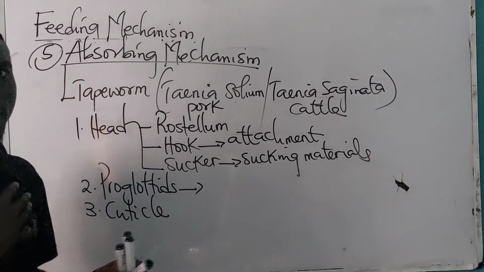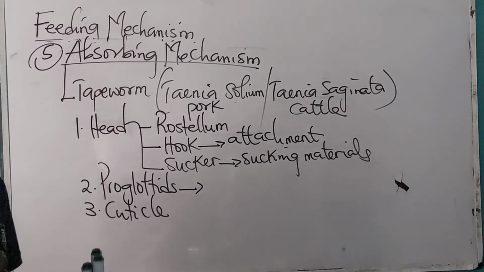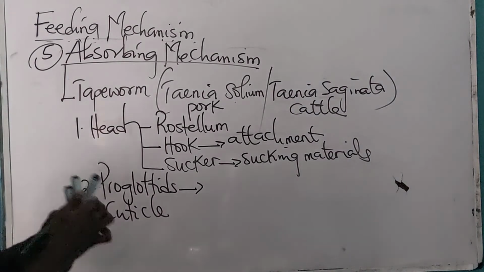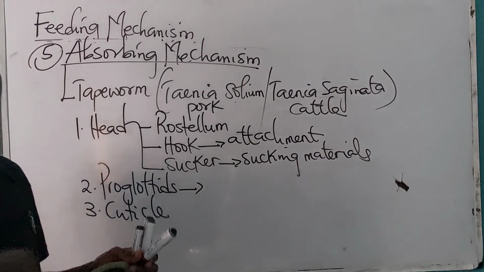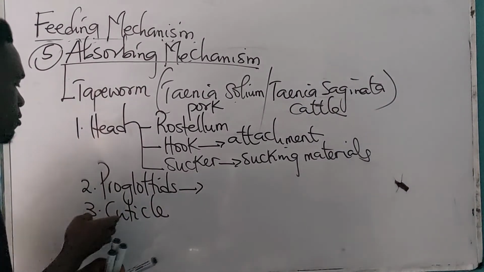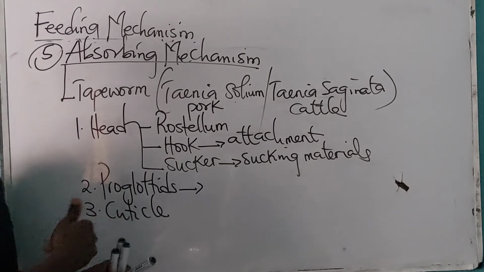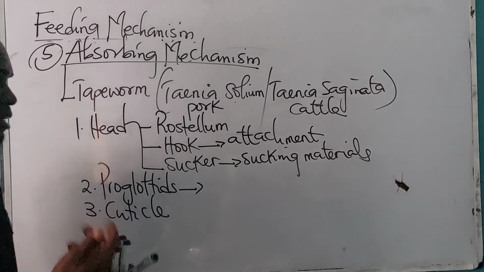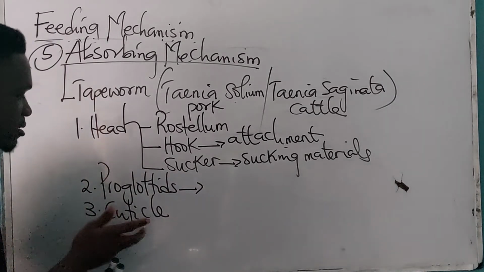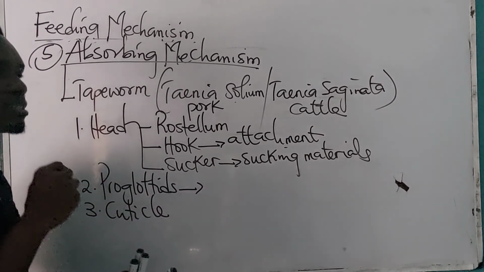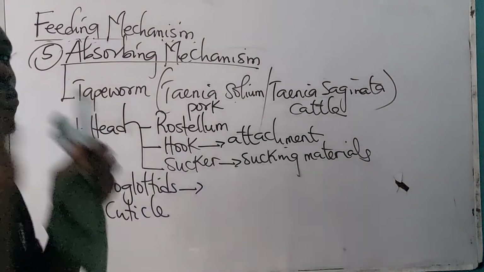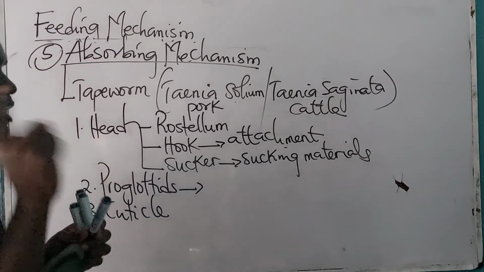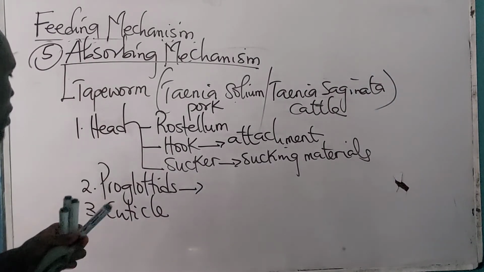You know that we humans have certain enzymes that stimulate the digestion of food materials. Now the tapeworm is found in the ileum of the small intestine, where different enzymes are produced. So it has a cuticle that prevents it from being digested by those enzymes that the host produces. Please take note of that. It is very, very important.